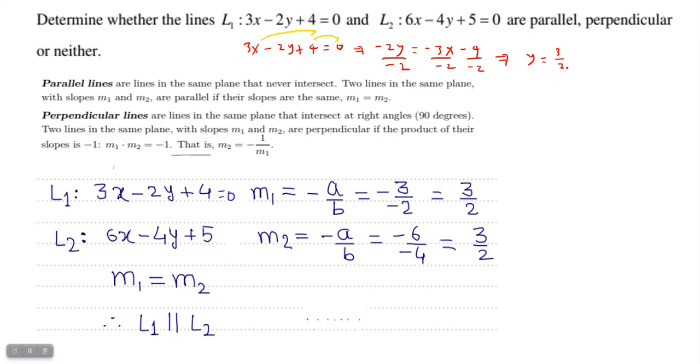So 3 over 2 x, negative over negative is positive, plus negative 4 over negative 2 is 2.